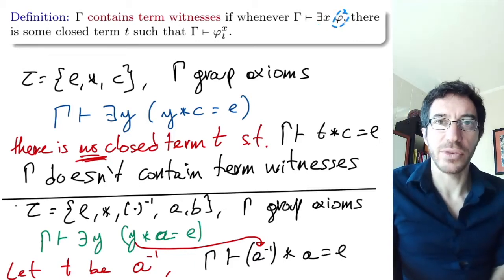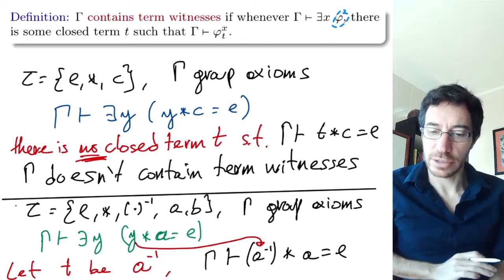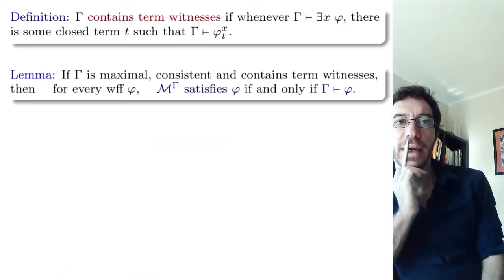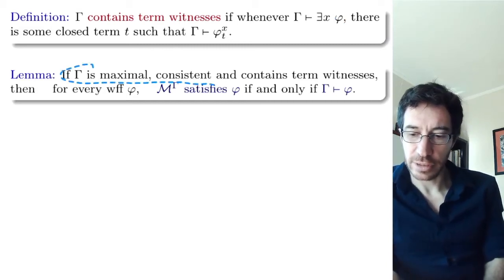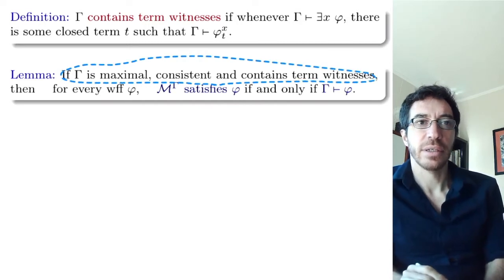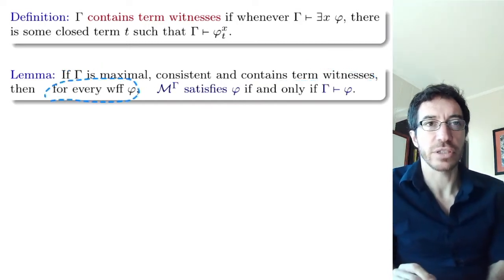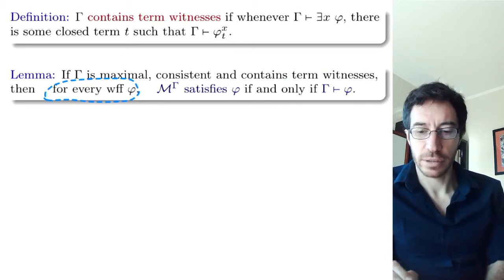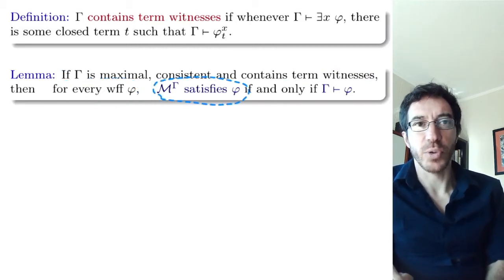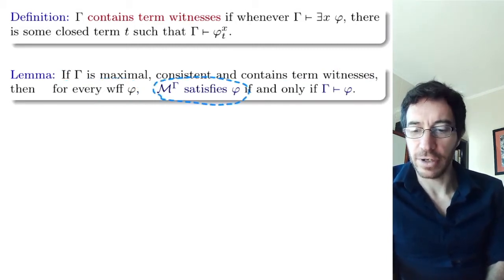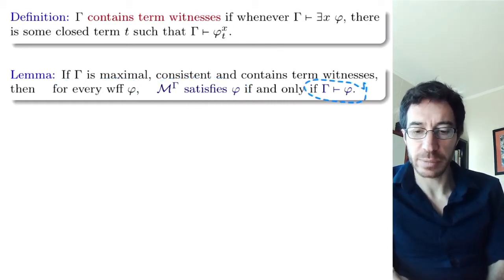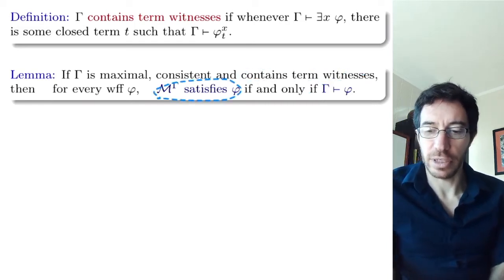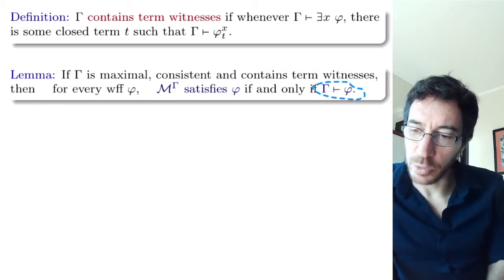Okay, so let's see what we can do with this definition of containing term witnesses. And here's the key, here's the lemma. If gamma is maximal, consistent, and contains term witnesses, then every well-formed formula phi, not just quantifier free, is true in the term model of gamma if and only if gamma proves phi. Let's compare that with what we proved last time.